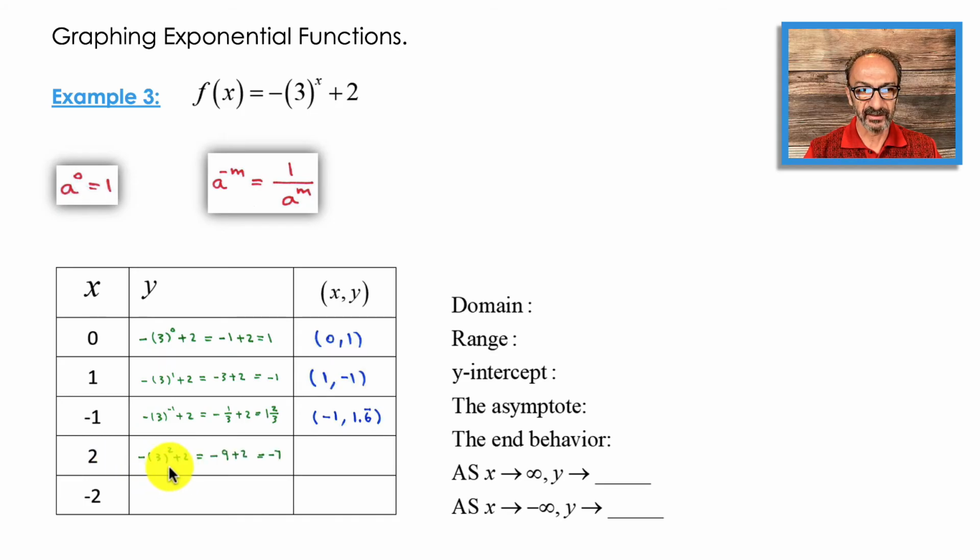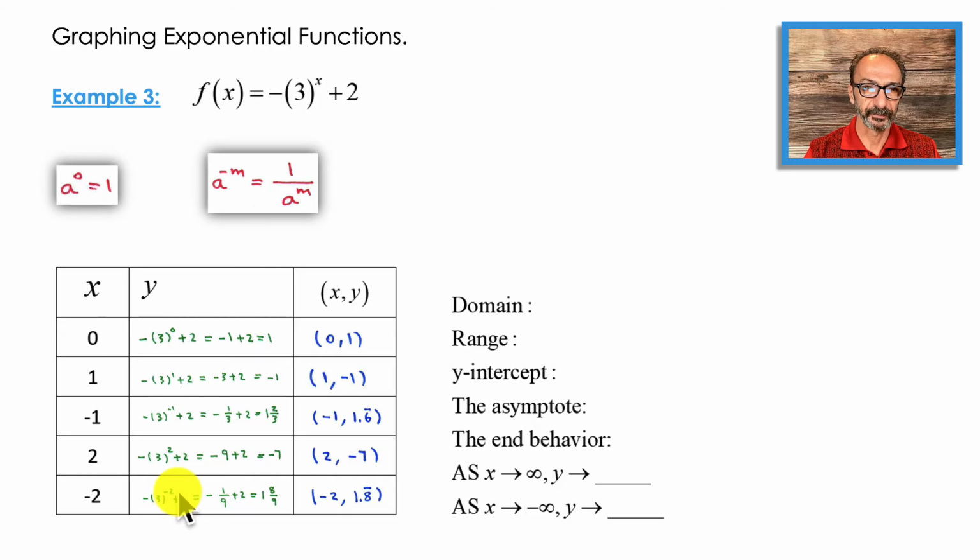That's going to be negative 9 plus 2, which is negative 7. Negative 2, that will give me negative 1/9 plus 2. Differently, I could say 2 take away 1/9, which is 1 and 8/9, which is 1.8 repeating.